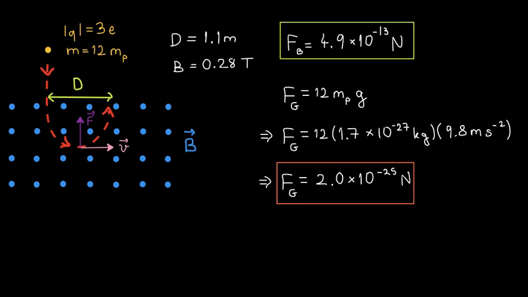How does the speed of the particle change as it goes through the circular path and exits the magnetic field region? Well, the speed doesn't change because at any given time the force vector is perpendicular to the velocity vector, and consequently the acceleration vector is perpendicular to the velocity vector.